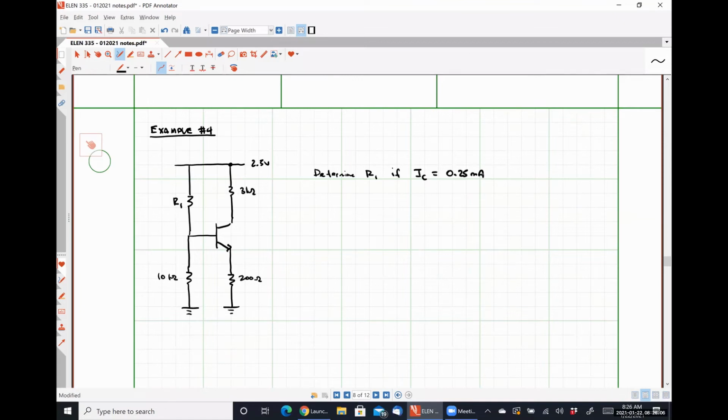So we could argue that we are designing a circuit to give us a specific current. One reason we might do that, and this will be the next thing that we talk about: you may remember that the transconductance of a BJT amplifier is IC divided by VT, right?